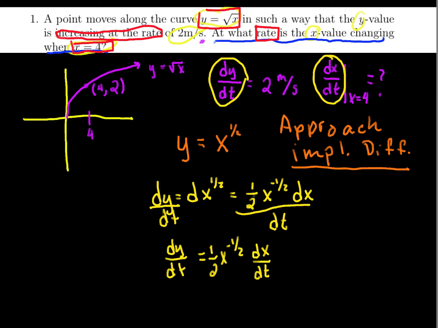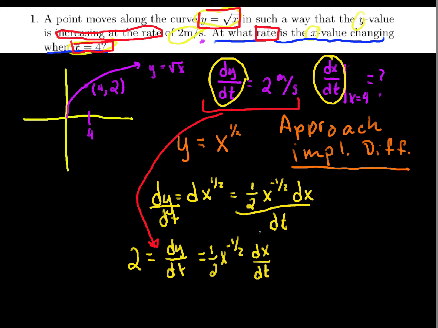Now we can use our information. dy/dt is equal to 2. So all we've done is come over here and taken what we know, that dy/dt is equal to 2, and we use that information right here, replacing dy/dt with 2.